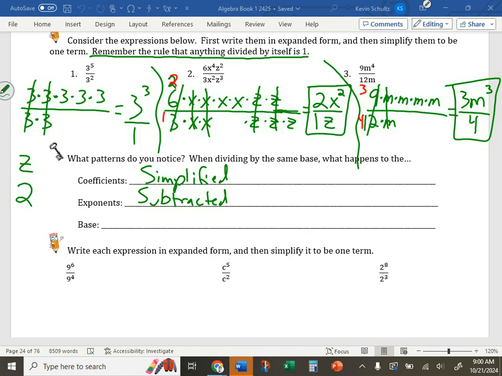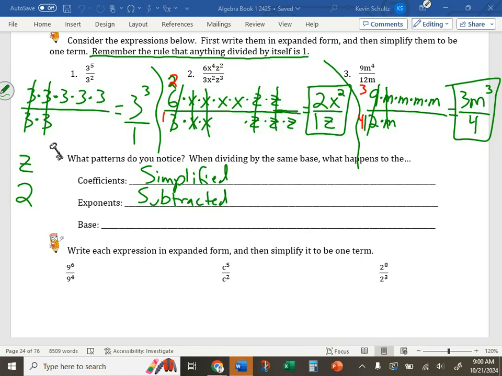Grace? It's where you have more to start with. If you have more z's in the denominator to start with, when you do your subtraction, you're starting in the denominator, because that's where your z is going to be left. Wherever you have more of the base to start with, that's where that base is going to end up.